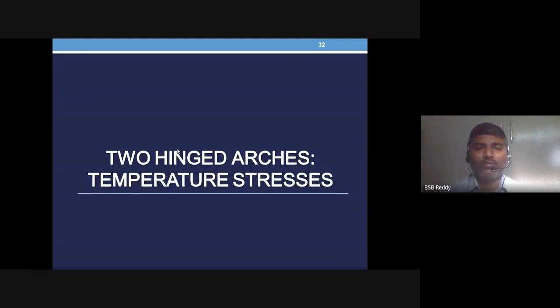After dealing with the two hinged arches with circular geometry and parabolic geometry, we will now see the temperature stresses in two hinged arches.